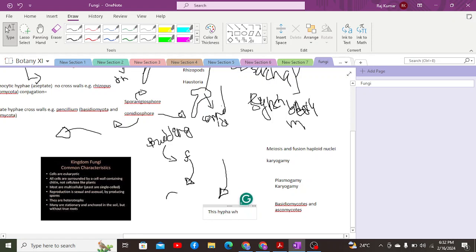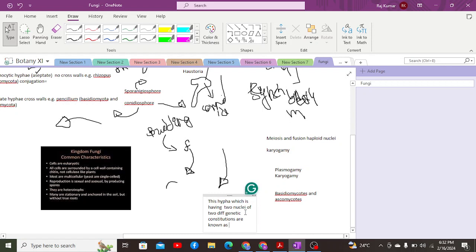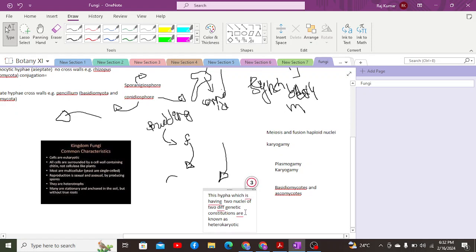This hypha, which has two nuclei of two different genetic constitutions together, is known as a heterokaryotic or dikaryotic hypha or cell.